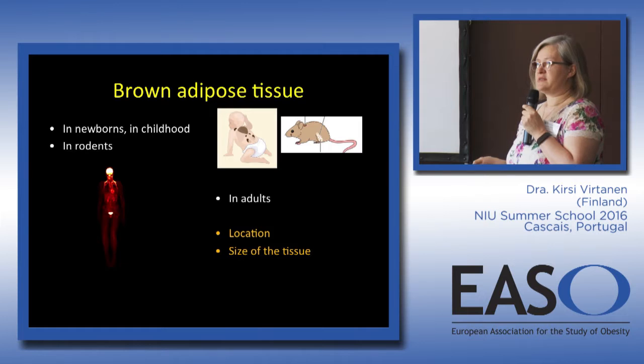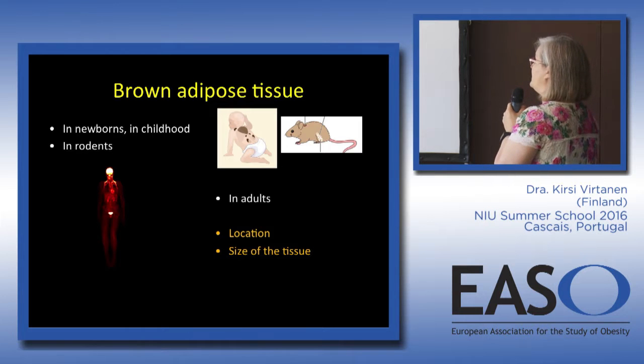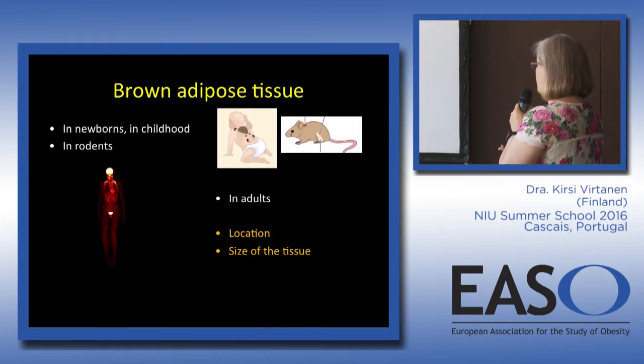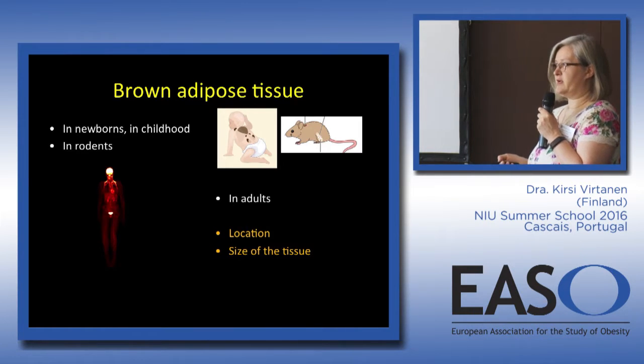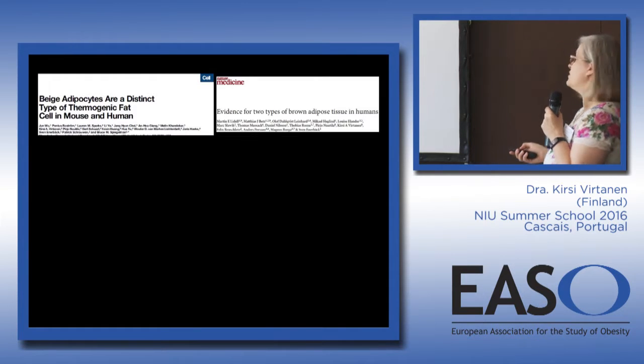Another issue is that there are two types of adipocytes: the so-called beige or bright adipocytes, and the classical brown adipocytes. The classical brown adipocytes are especially the ones found in rodents and in newborns, and they typically include very small lipid droplets and a number of mitochondria inside the cell.